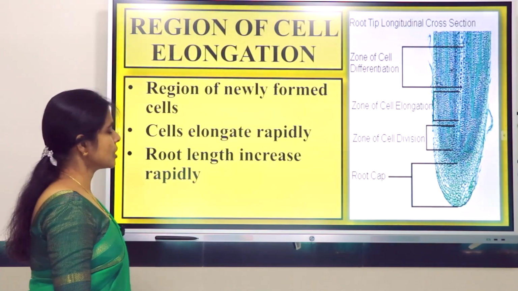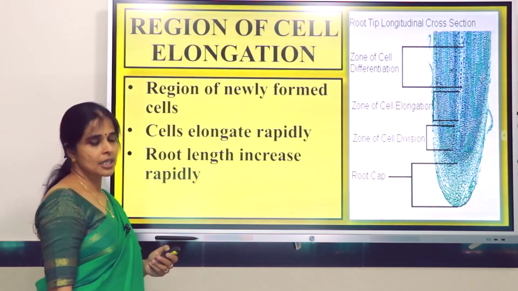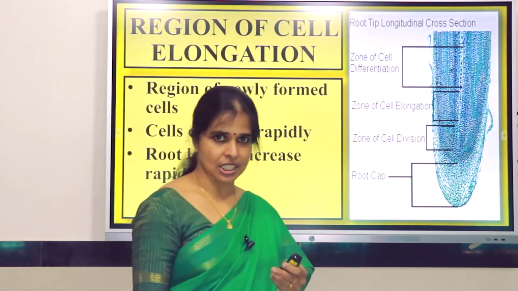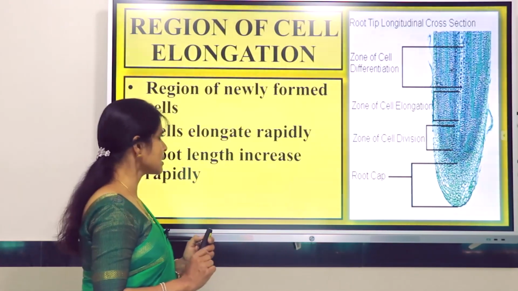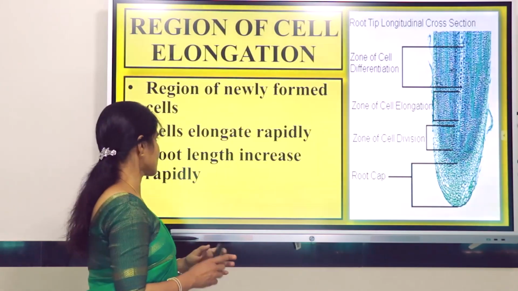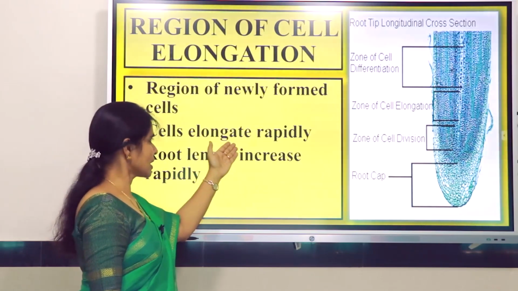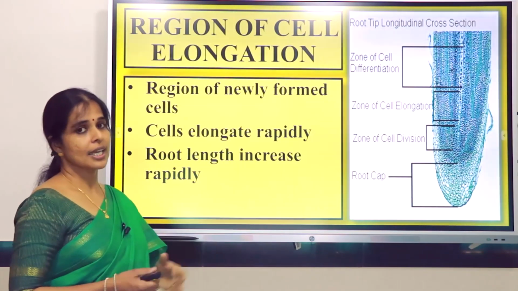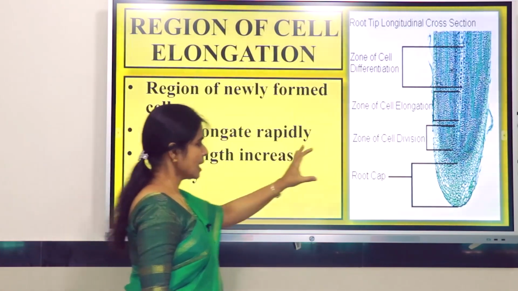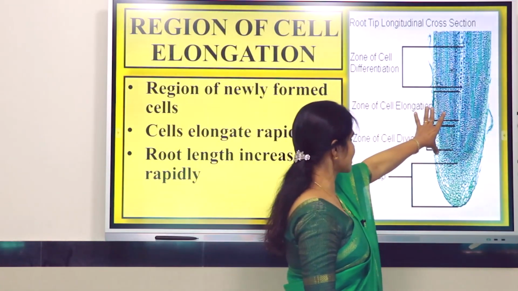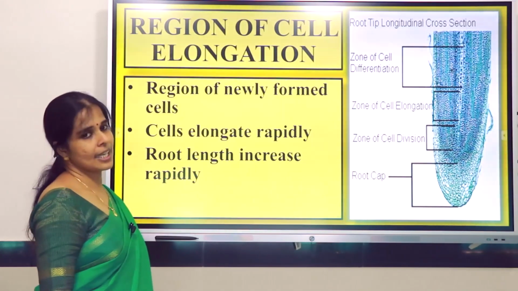Next, the region of cell elongation. Once new cells are formed by meristematic activity, that is, once cell division takes place in the meristem, those cells, division after division, start elongating and rapidly increasing in size. The region where the cells are elongating is called the zone of elongation, the region of cell elongation.